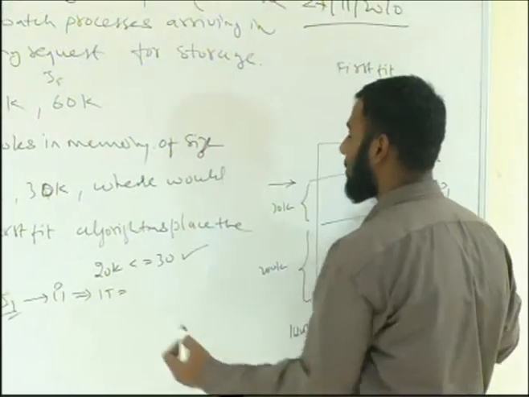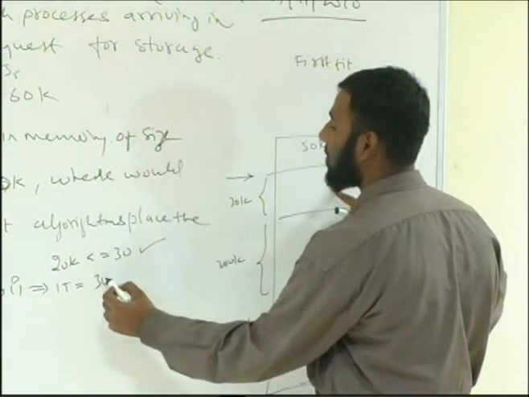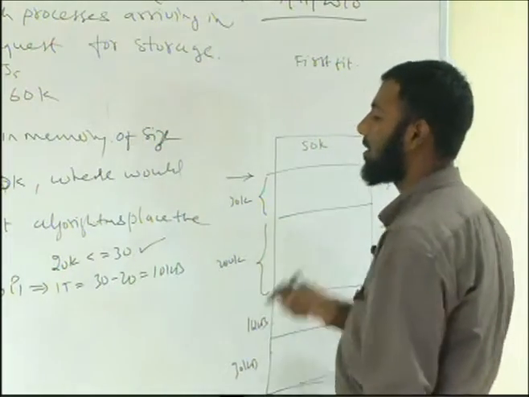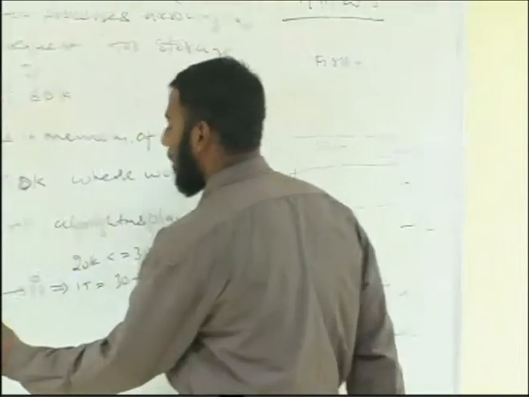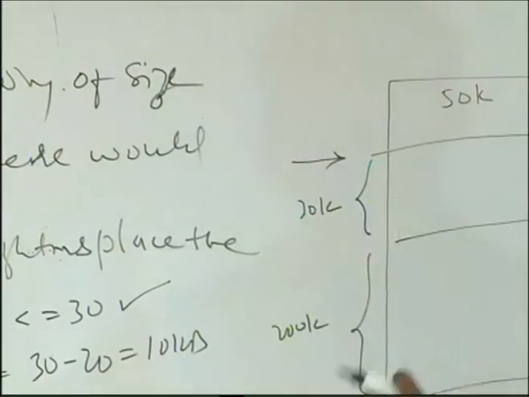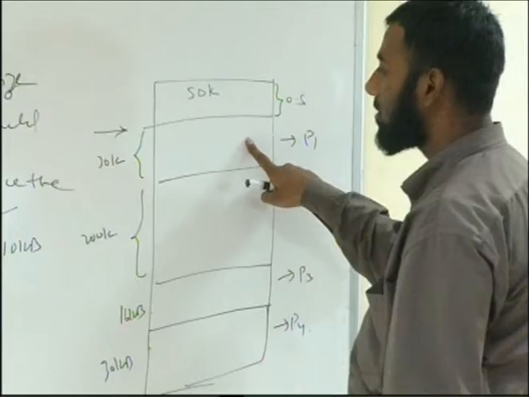The process is 20 kilobytes but the partition is 30, so 10 kilobytes is internal fragmentation. After allocating, the pointer stays at the last allocated block, P1.